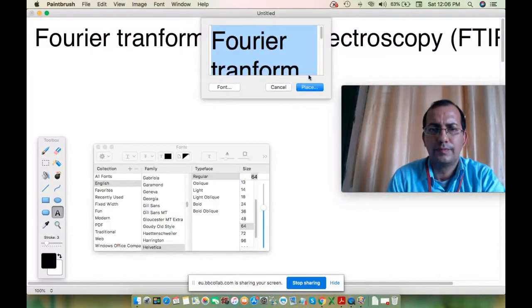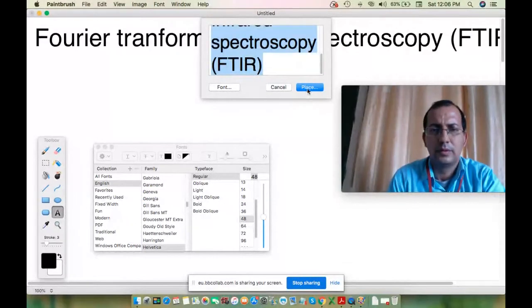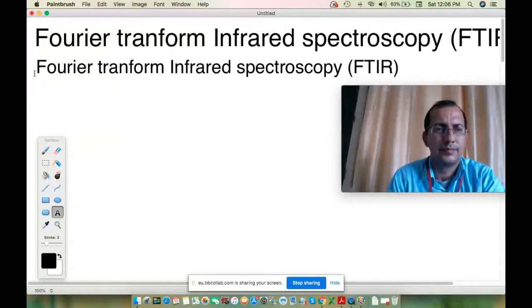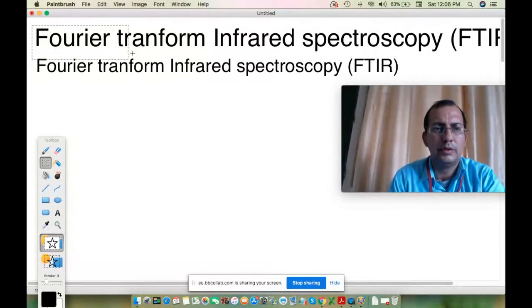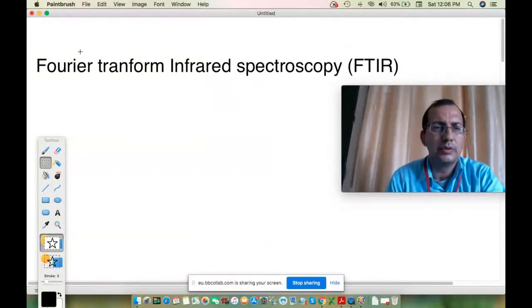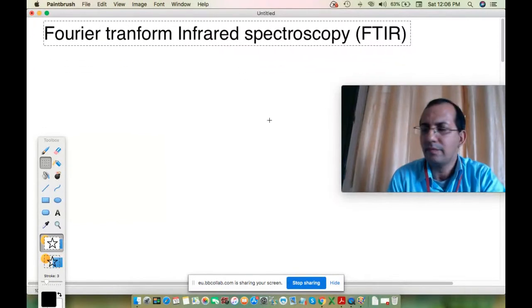So let's again go to the second point here, and I would like to erase the top one. Okay. So in the case of Fourier transform infrared spectroscopy, we have to discuss in detail.